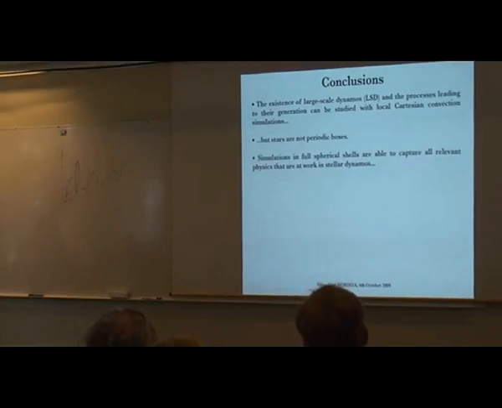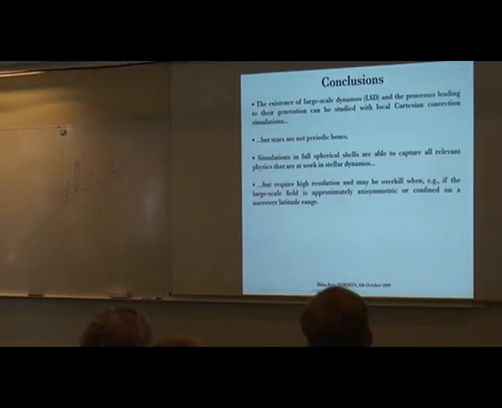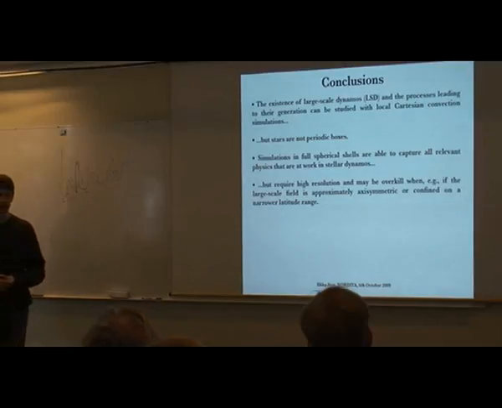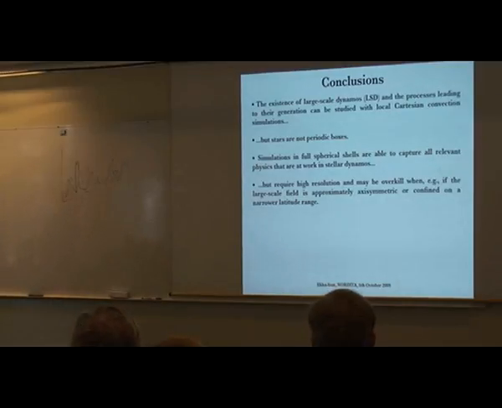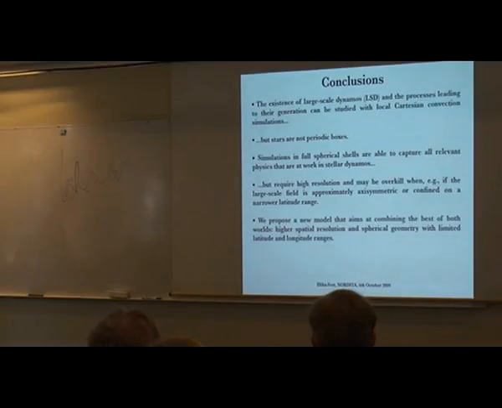And if we do simulations in full spherical shells, then we can capture all the relevant physics. But it may be, in a sense, overkill because we require much higher resolution if we take a full sphere, if we can actually get away with doing just parts of the sphere.